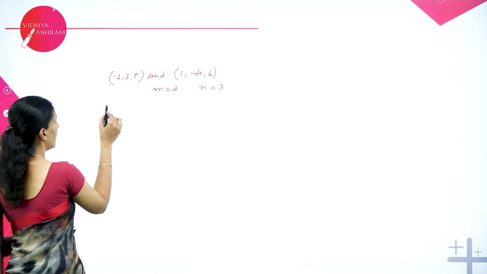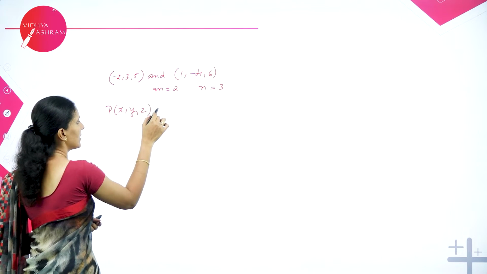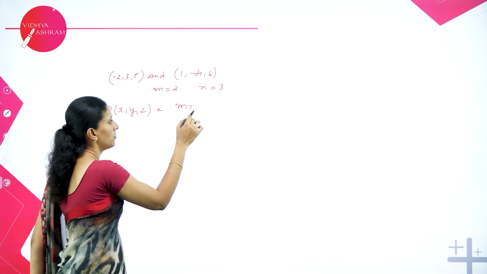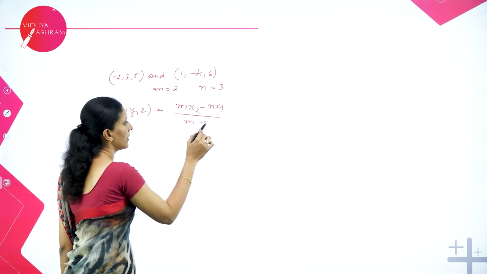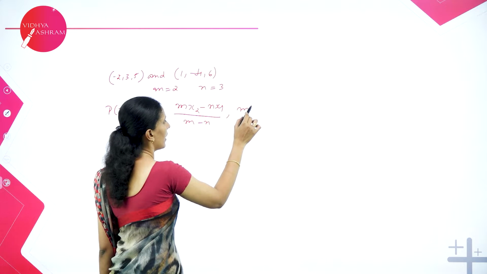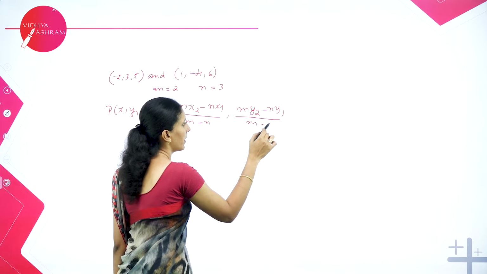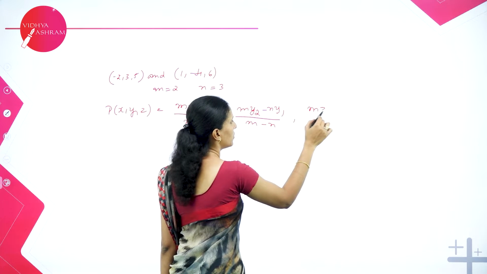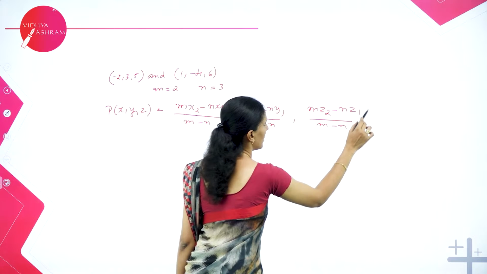So P of x, y, z is equal to (mx2 minus nx1) divided by (m minus n), (my2 minus ny1) divided by (m minus n), (mz2 minus nz1) divided by (m minus n).